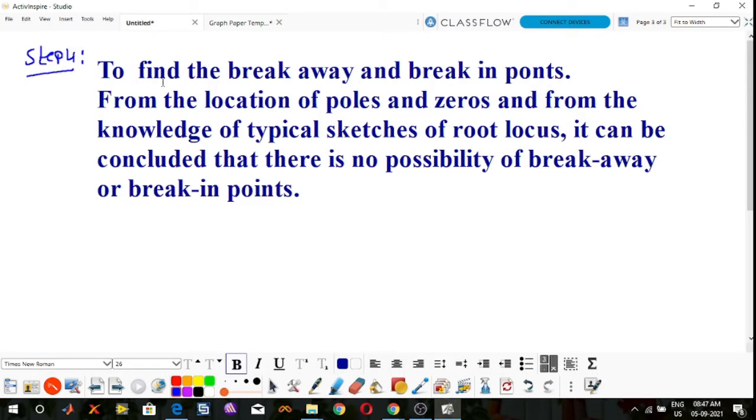Step number 4, to determine breakaway and break-in points. From the location of poles and zeros and from the knowledge of the typical sketches of the root locus, it can be concluded that there is no possibility of breakaway point or break-in point.